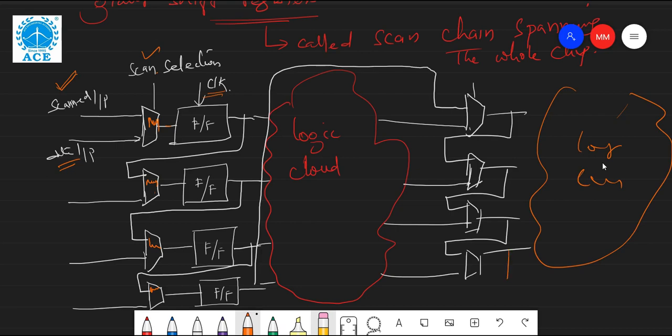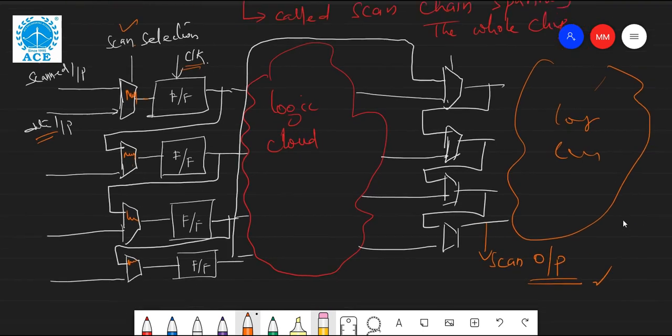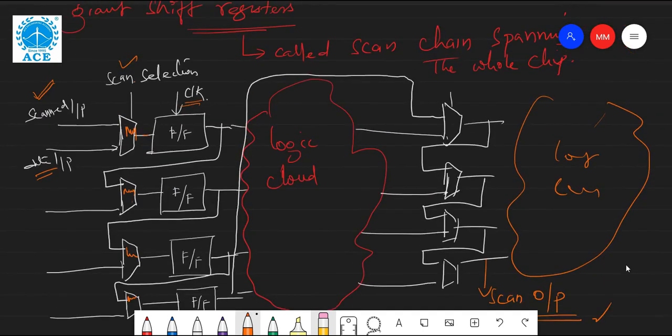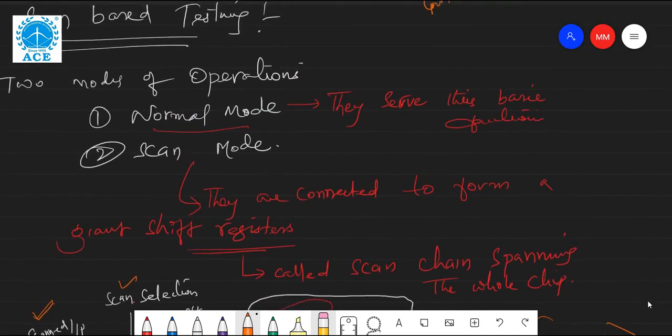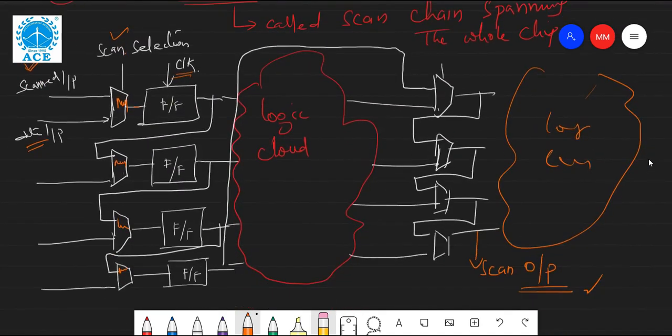Here we will get the scan output. In such a fashion, scan based testing is performed. These are a few of the testing methods we have in the syllabus. Just go through it, and then you will understand better.